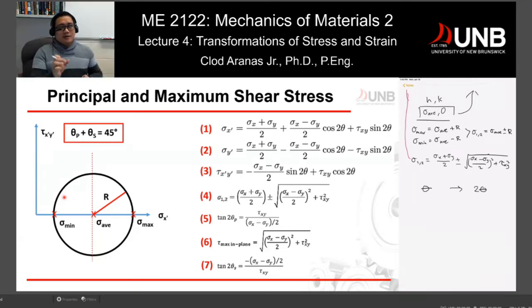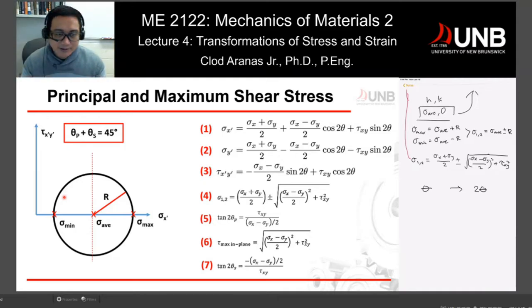So let's say you have an element and you want to know what would be the rotation in, let's say, 15 degrees. In the actual element, using the stress transformation equation, it's 15. But if you use this circle, it would mean twice as much, which means you need to rotate it by 2 times whatever the angle is.